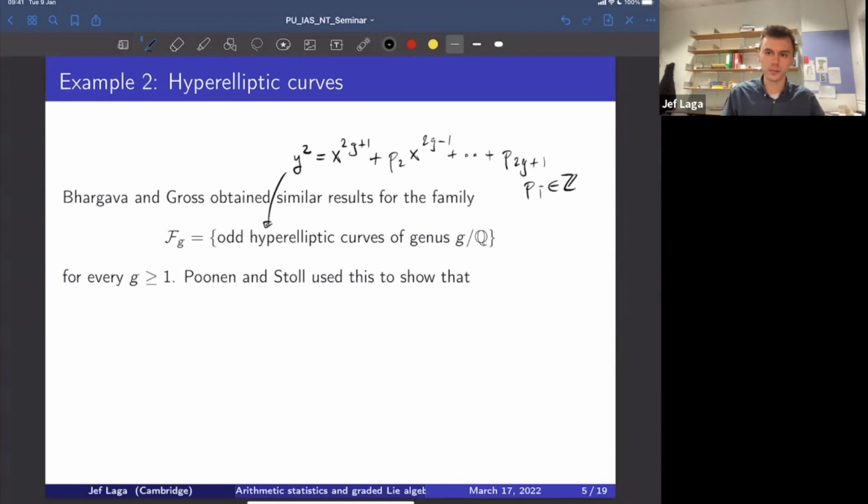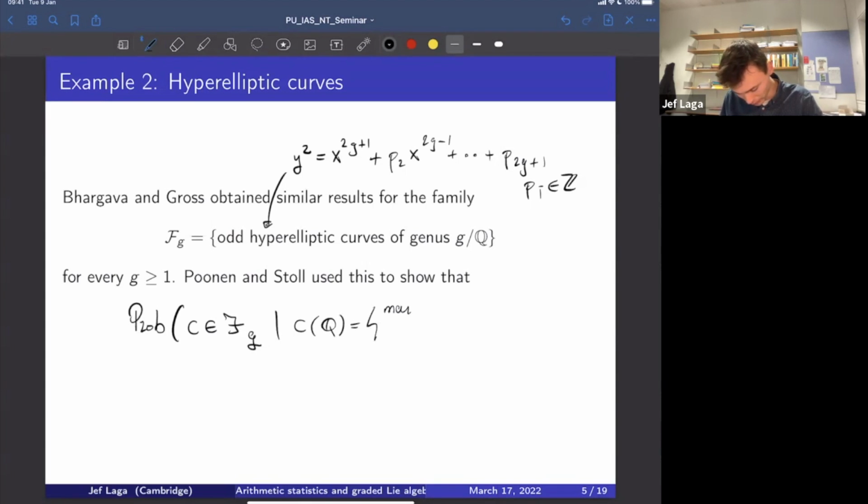And Poonen and Stoll used this result, or rather a more precise distribution result, to show that if you consider the probability that a curve in this family of genus g curves has exactly one rational point, namely the marked point at infinity, which is always there if you homogenize this equation, and it's always rational, then the probability that this is the only rational point tends to 100% as g tends to infinity.